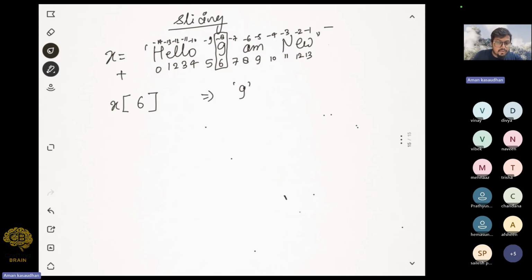Other than 6, we can use any other indexing also for extracting I. If I don't want 6, -8. Very good. So -8 we can use it. Now suppose, Vishal, just tell me, if I wanted to access this M value, what index position can I use?